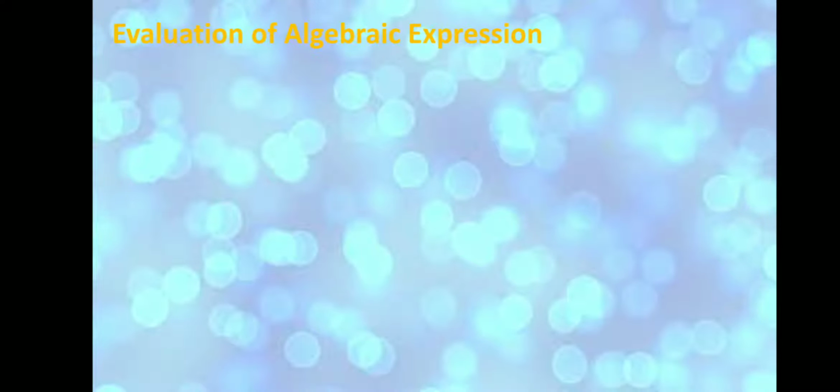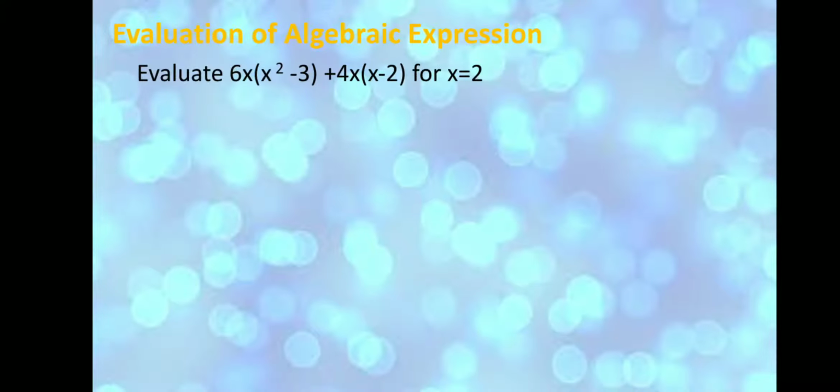Now we'll go to the evaluation of algebraic expressions. If they ask you to evaluate 6x into x square minus 3 plus 4x into x minus 2 for x is equal to 2, what are you going to do here? Wherever you find the variable x, it will be replaced by the number 2.